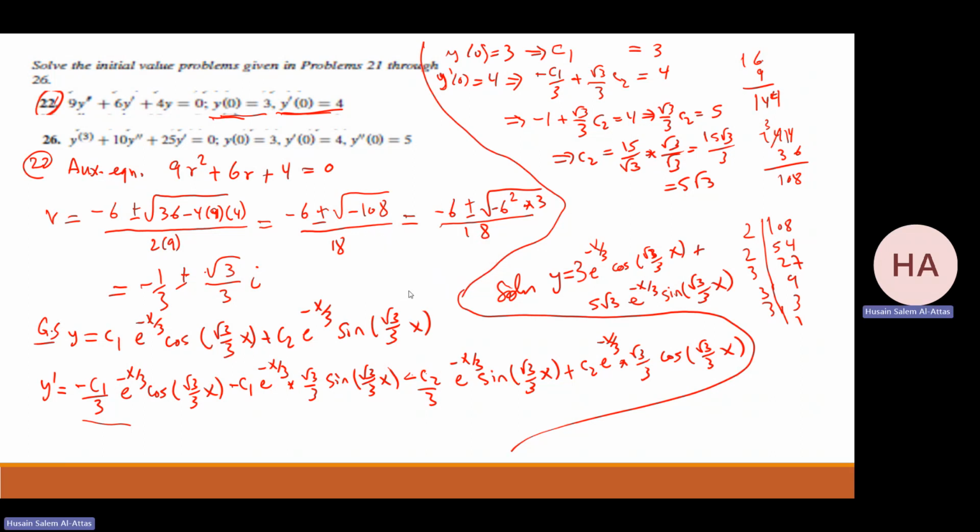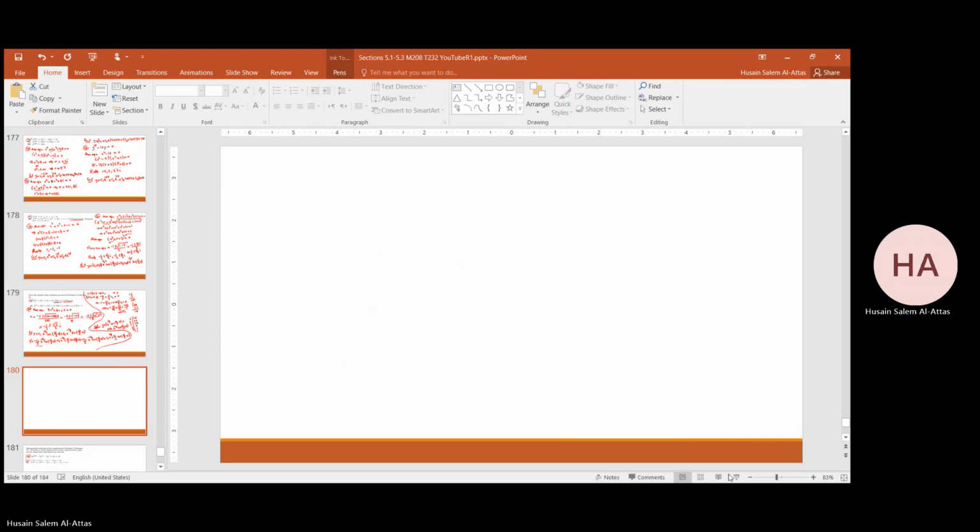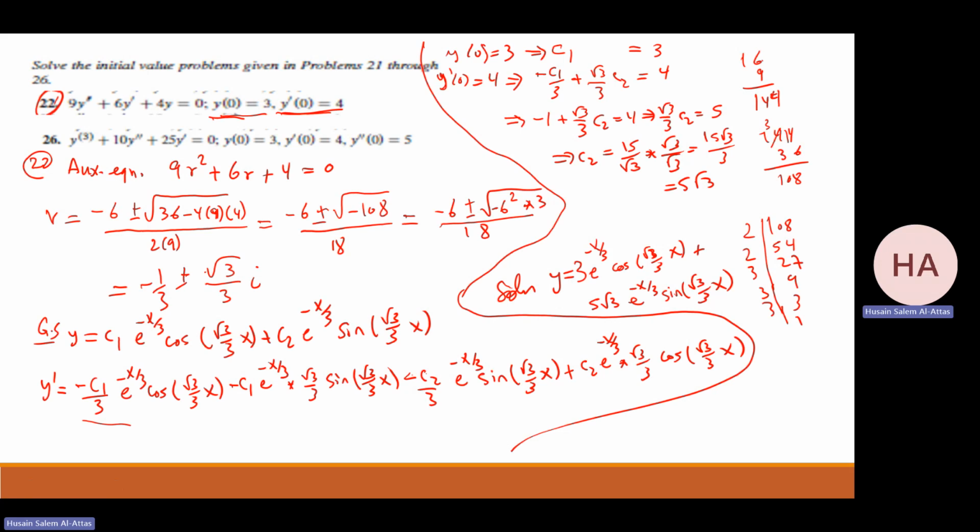Yeah. Let me give one page. Okay. I need the second one. Hopefully it will be easier. Number 26. What is the auxiliary equation? To solve it, r cubed plus 10r squared plus 25r equals 0.